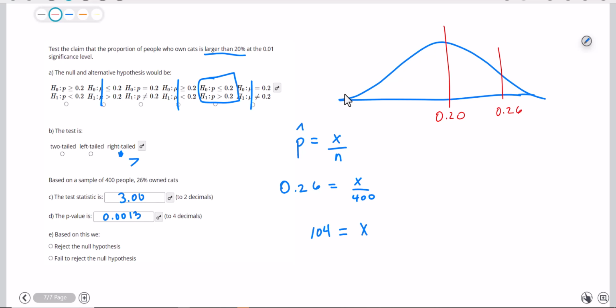If I standardized my mean to a 0, then this test statistic is at 3, which is 3 standard deviations from the mean, a long ways from the mean.